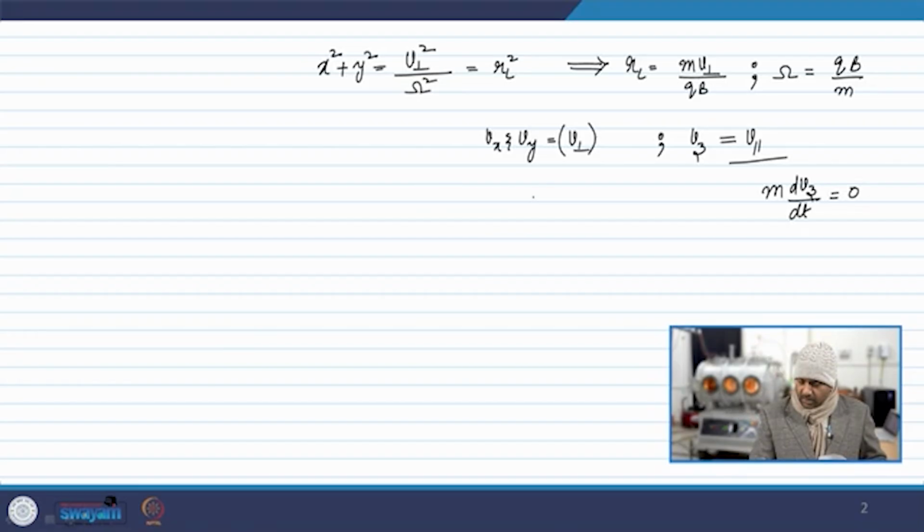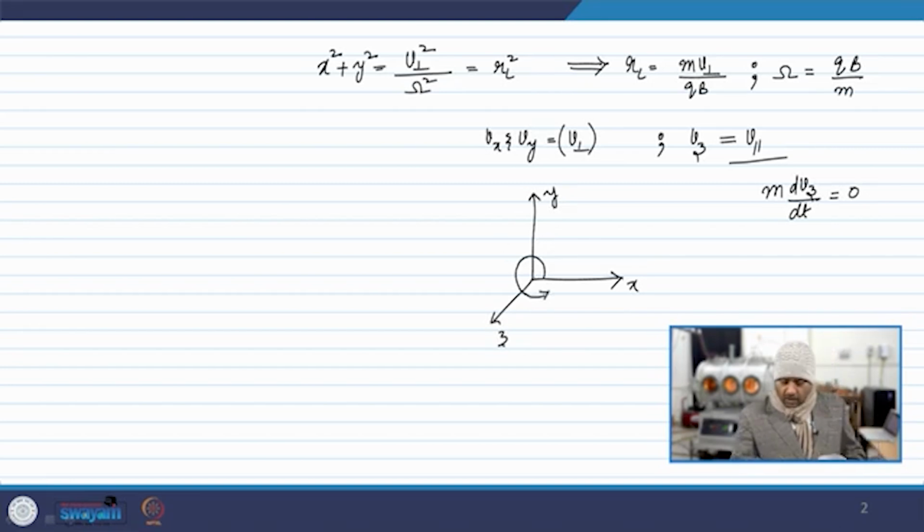So, the guiding center, now let us say I was talking about the guiding center, right. So, we realize that in a right handed coordinate system the charged particle will move circularly like this, right. Now, this imaginary center of this circle is called the guiding center. So, the particle is gyrating around this imaginary point.